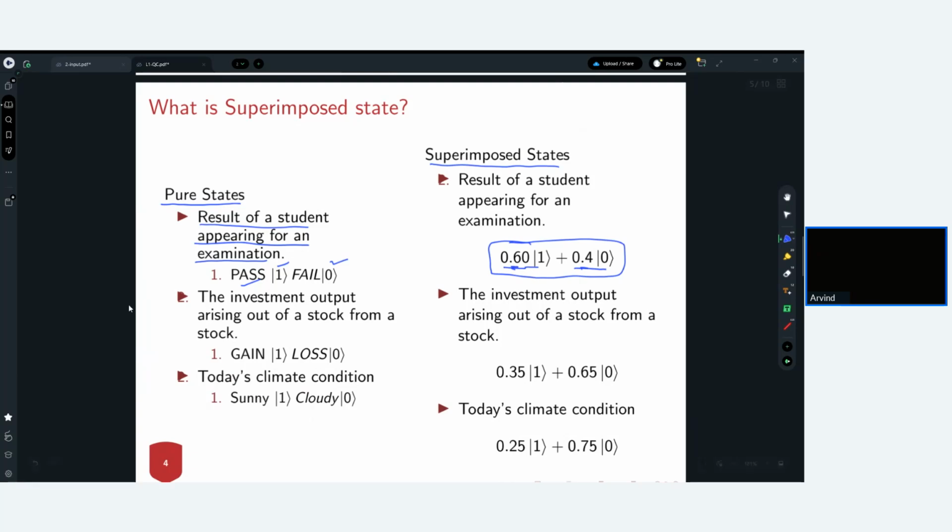Now let us take another example of pure states. Suppose that you have invested a certain amount in the stock market, and you have realized your profit or loss. If you have got a profit, you can represent that through the state qubit 1, or if you are experiencing a loss, then that is qubit 0, or in the conventional way, bit 1 and bit 0.